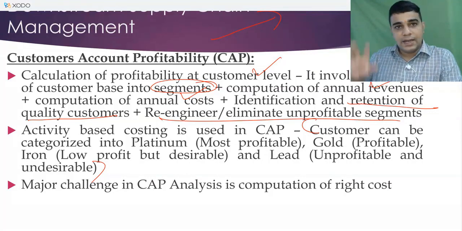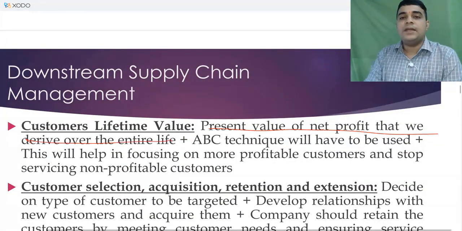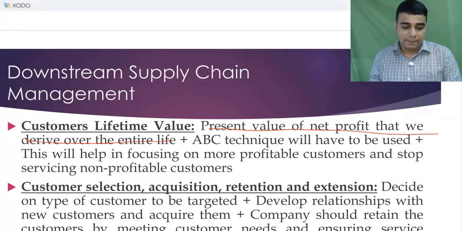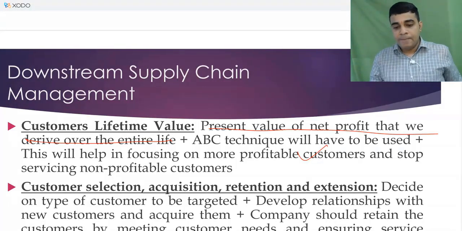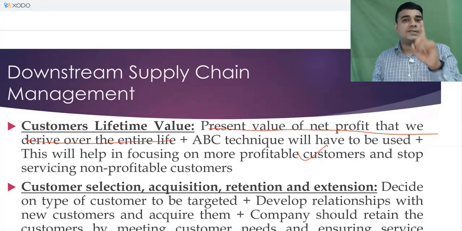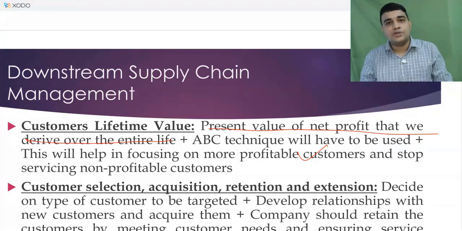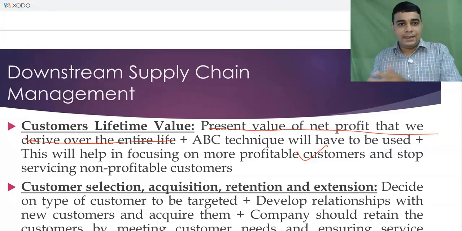That is what you end up doing here also in customer lifetime value analysis: present value of net profit that we derive over the entire life. ABC technique, activity based costing, will have to be used. This will help in focusing on more profitable customers and stopping servicing non-profitable customers. High probability in the first year, you will make a loss with the customer, but you still want to continue dealing with the customer because you know that you will make money later on.